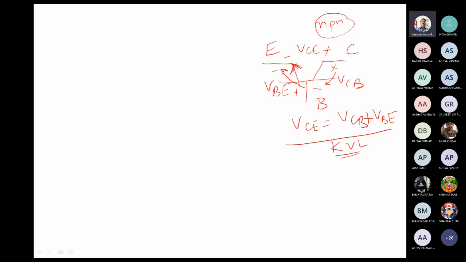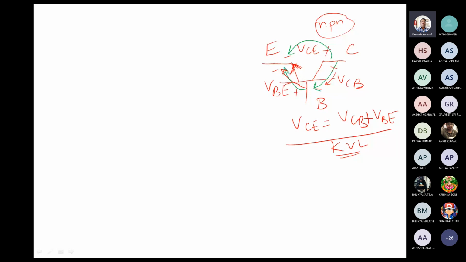So the voltage drop between two nodes, collector and emitter, is going to be the same from whichever way we reach from collector to emitter. It is immaterial. From one side we go directly from here to here, and from the other we go from collector to base, then from base to emitter.